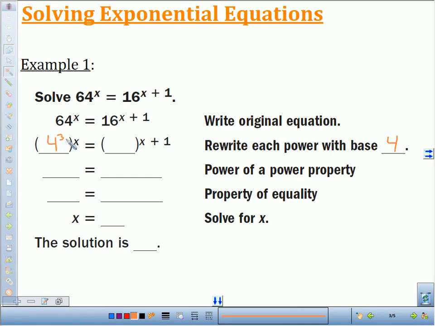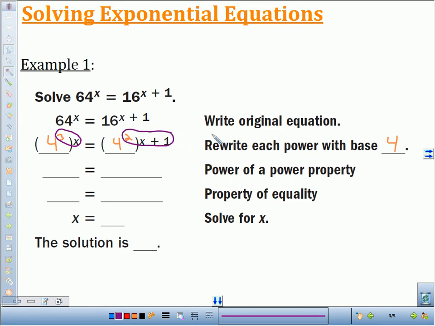64 is 4 to the third. 16 is 4 to the second. And I've rewritten it, and now they have the same base. Now what you might notice here, of course, is that I have 4 to the third to the x power and 4 to the second to the x plus 1 power.